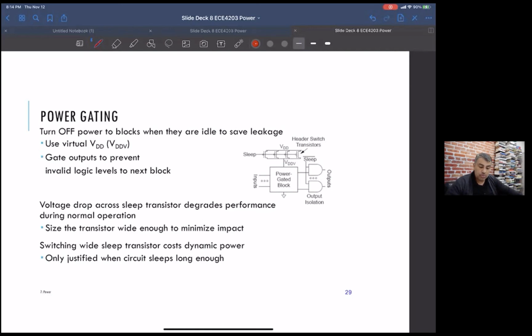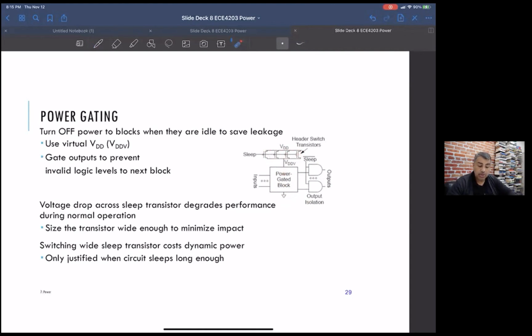But what if you completely disconnected the power from these gates that are supposed to be blocked off, using these PMOS transistors here? Let's say you just turn off the power, and this power gated block is now floating and just drains off to ground, so you don't even get leakage current as long as you size these correctly, which is really nice.